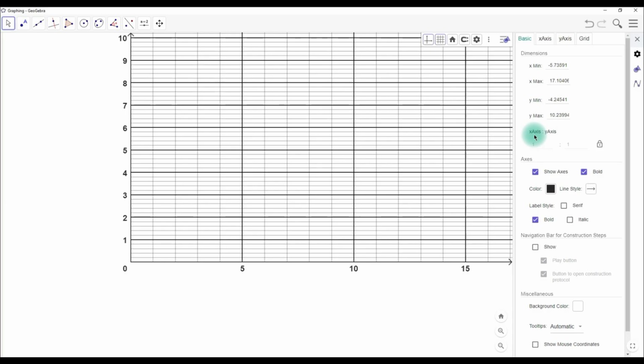The last thing remaining is to go to the basic tab, and you can see the ratio of x-axis to y-axis is 1:1. But in our case the x-axis is 5 and the y-axis is 1, so the ratio is 5:1. Let me unlock it and input the values correctly: x-axis 5 and y-axis 1. That is the ratio.